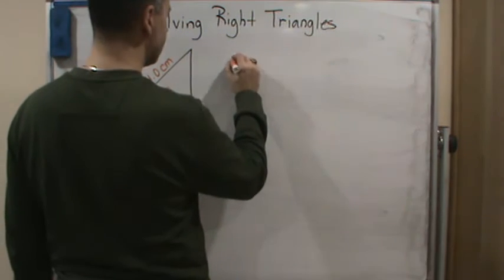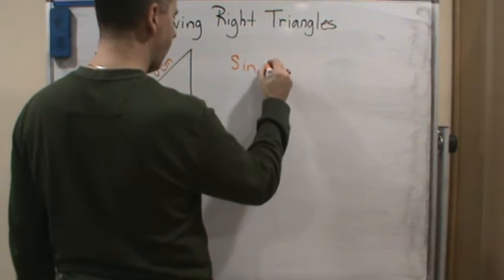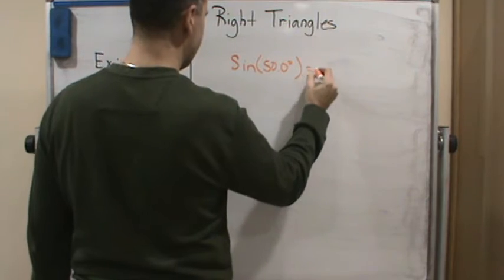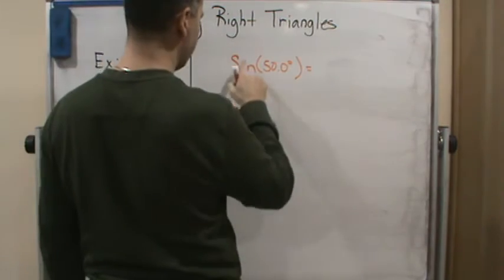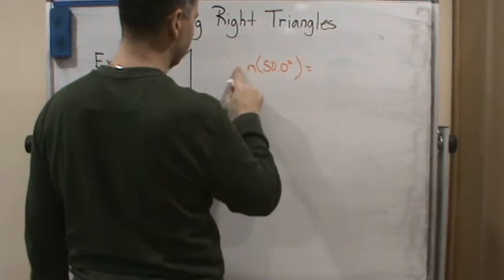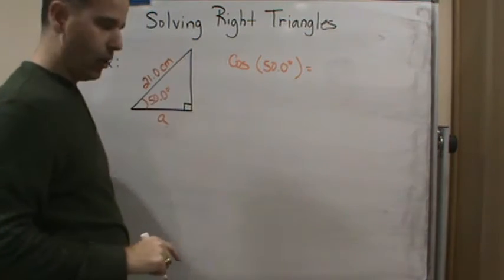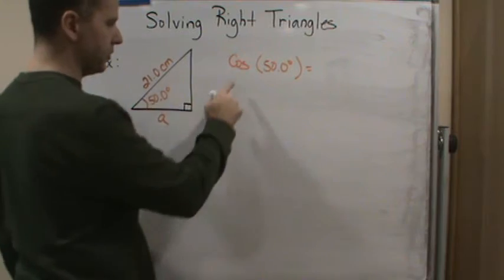I could do sine of 50 degrees is equal to... Did I say sine? No, cosine. Adjacent over hypotenuse is cosine.